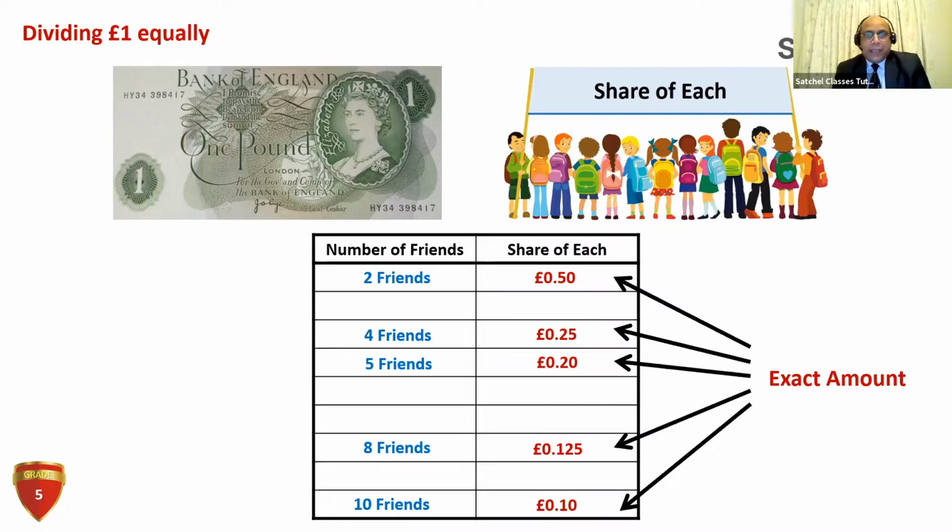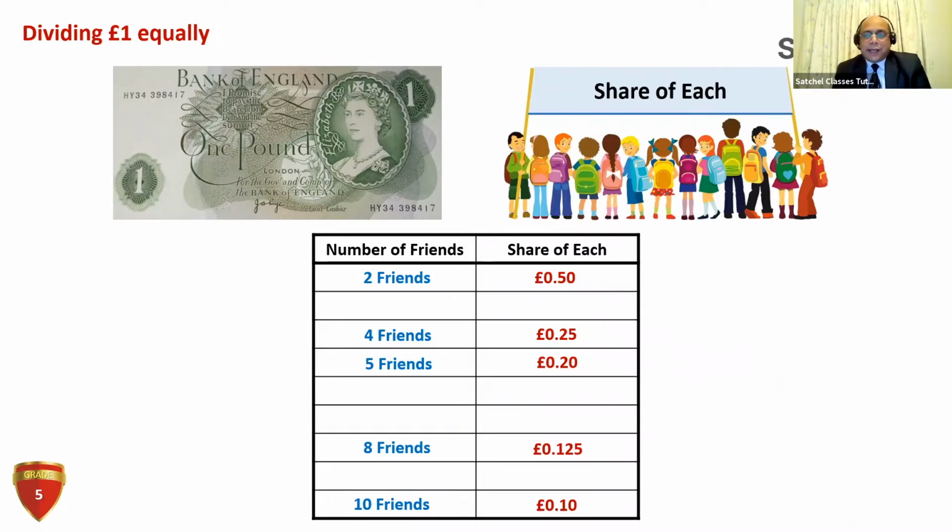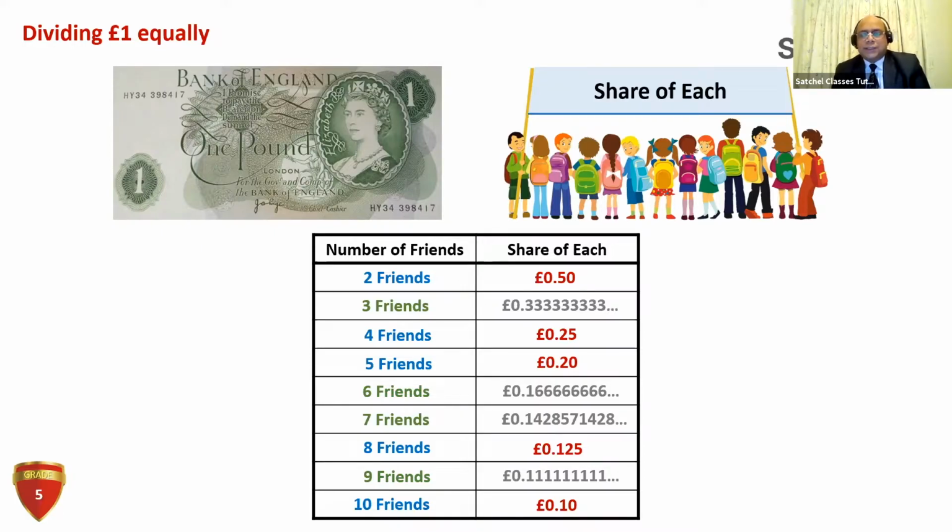However, if the number of friends is anything other than these values, then you would realize there's a problem. For example, if there were 3 friends, 1 pound divided among 3 friends won't give you an exact amount. It would be 0.33333. It's an infinite number of decimals. The same is the case with 6 friends, 7 friends, and 9 friends, as you can see.